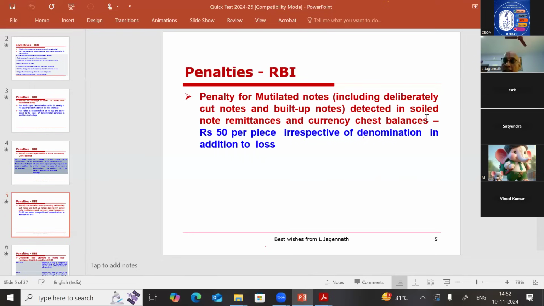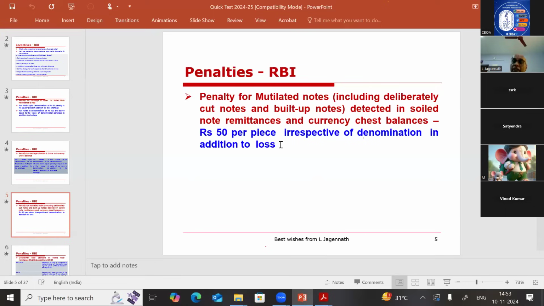Penalty for mutilated notes deducted in soiled note remittance and penalty for mutilated notes found in the currency chest balance: for both, there is the same penalty, rupees 50 per piece, irrespective of the denomination, in addition to the loss. Whether it is 1 rupee, 2, 5, 10, 20, 50, 100, 200, 500 or 2000 rupees, the penalty is 50 rupees.